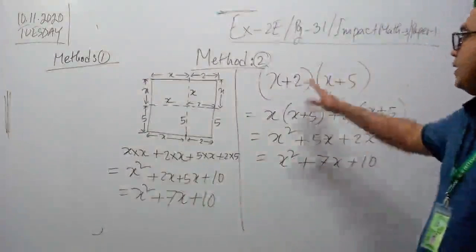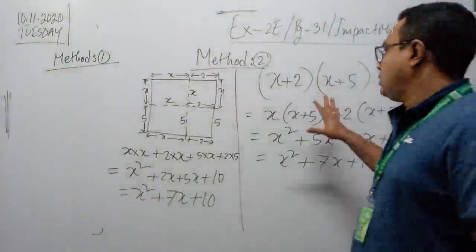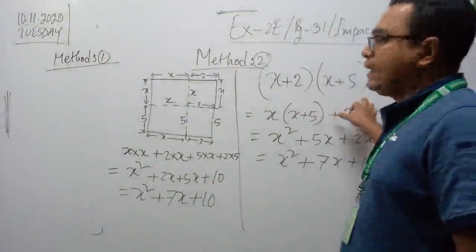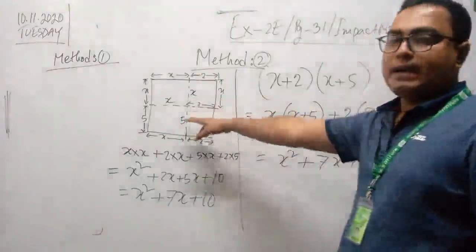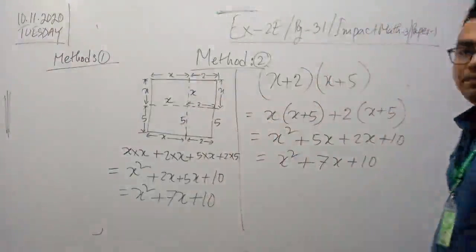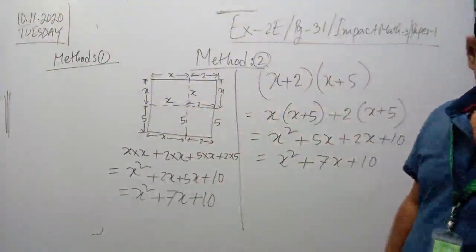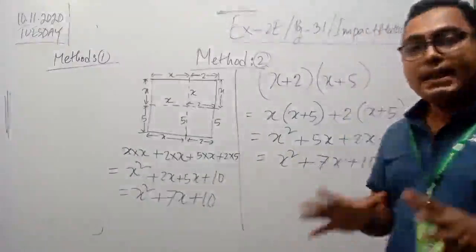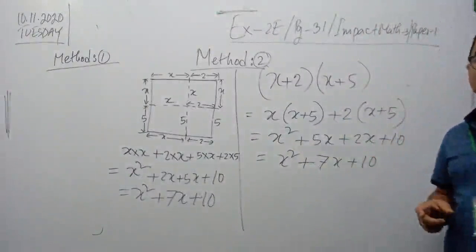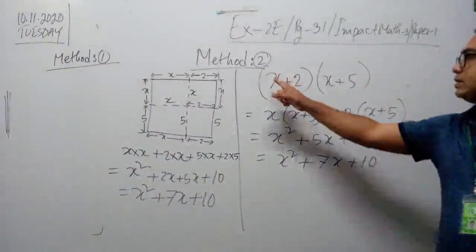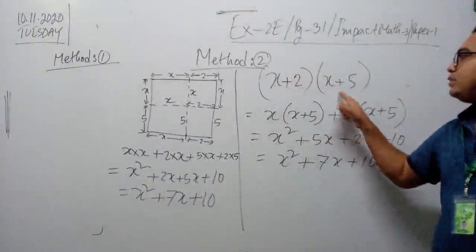These are the two methods by which we expand this bracket. One is using this rectangle, another is directly using the brackets. Now the most important thing here: in the exam, you will get a question like this, expand x plus 2 into x plus 5.